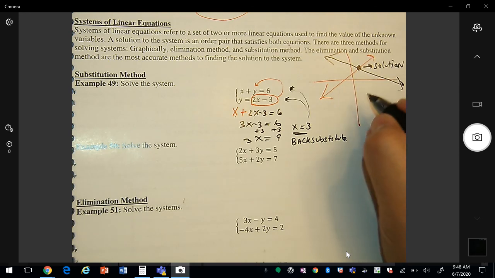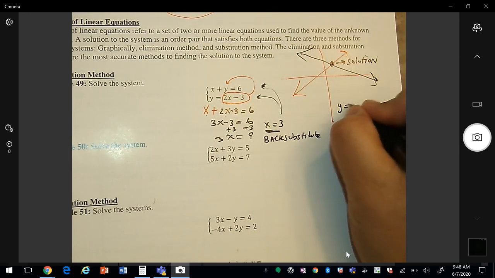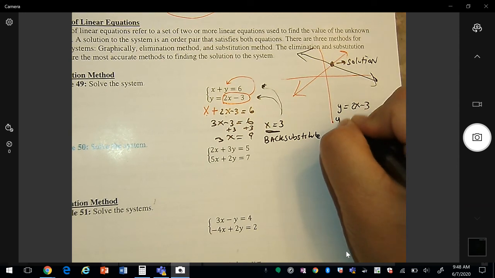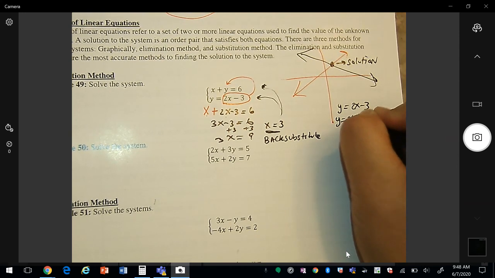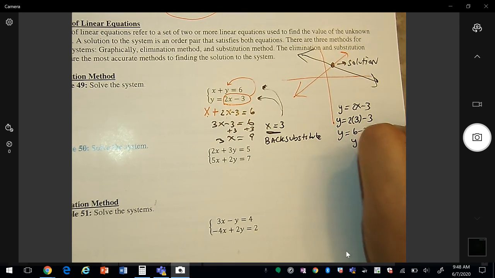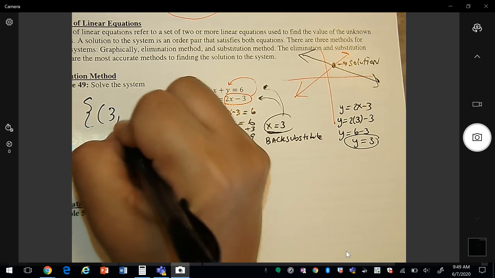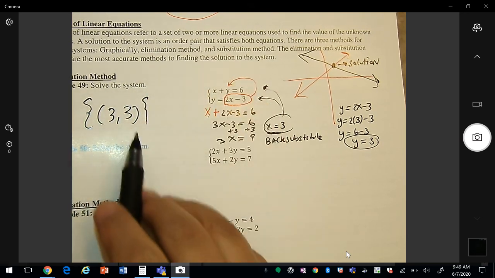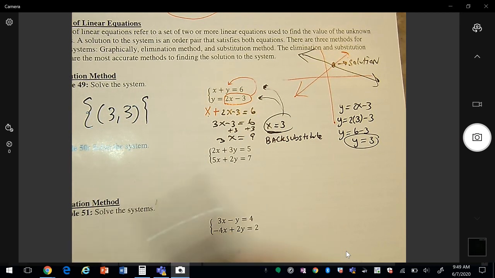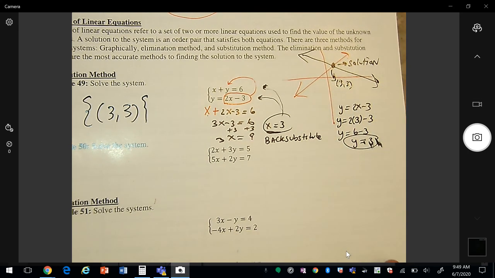I'm going to plug it into the second one. y is equal to 2x minus 3. Here I already know that x is 3, so I let x equal 3. And so I get y is equal to 3. The way we write our answer is as an ordered pair. So my solution is (3, 3). That means the graph is going to be at (3, 3) where they intersect.